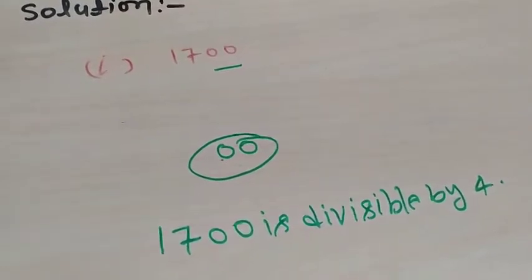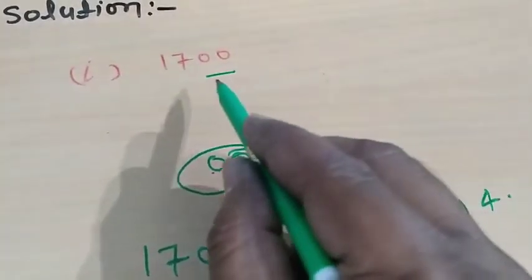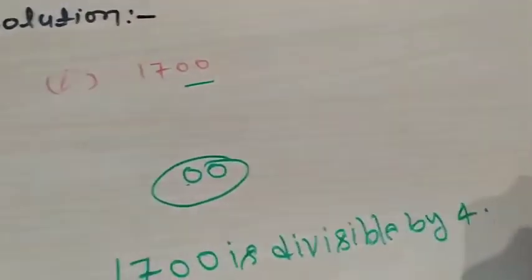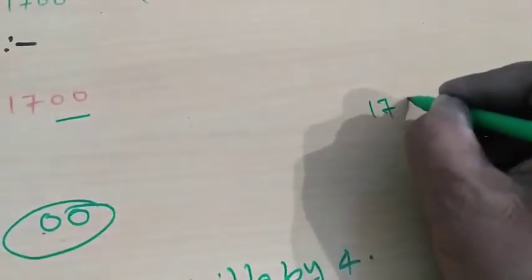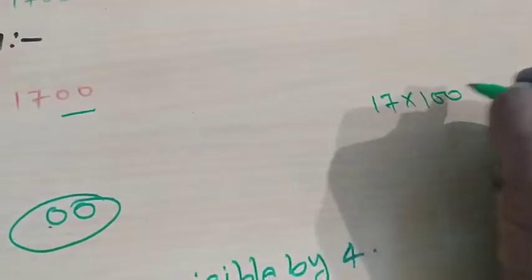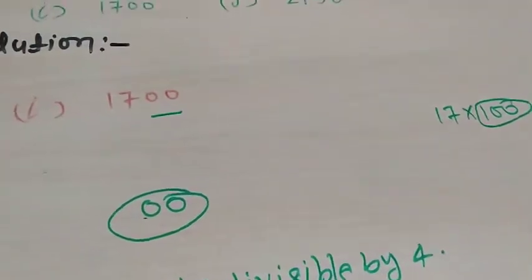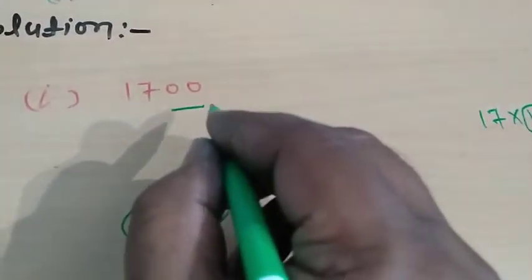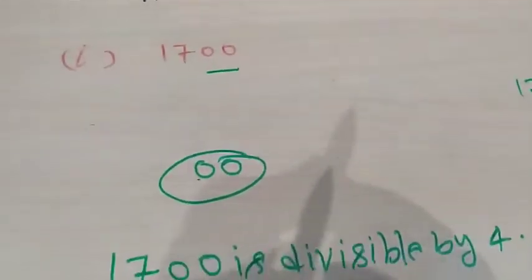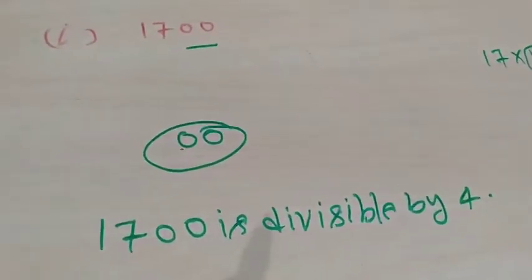Clear? Because here you can see the last two digits are 0 0. You can write it like this, into 100. If any number has last two digits 00, then that number is divisible by 4.